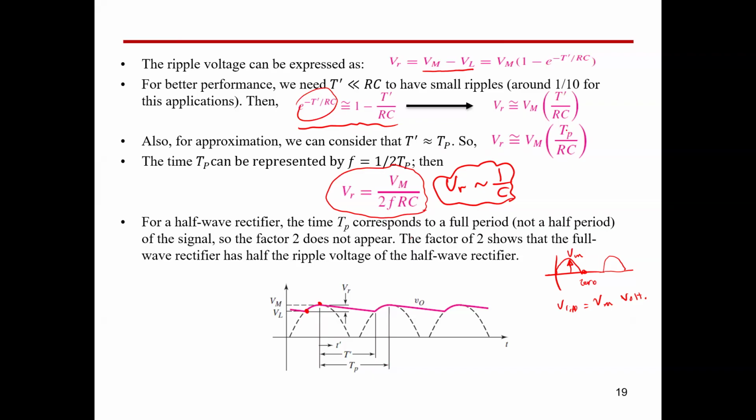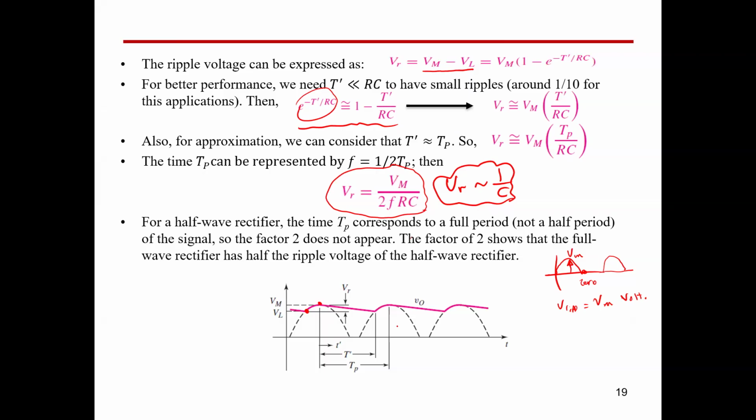So this is an approximated solution now. And Tp is going to be the period of our cycle. Sorry, Tp is the period of our cycle in the full wave, which means it's going to be 1 divided by twice the frequency.